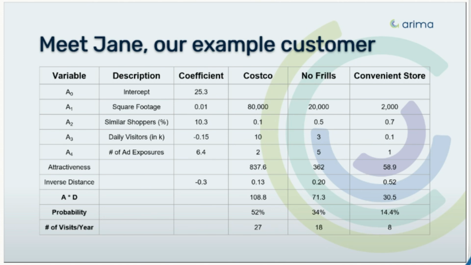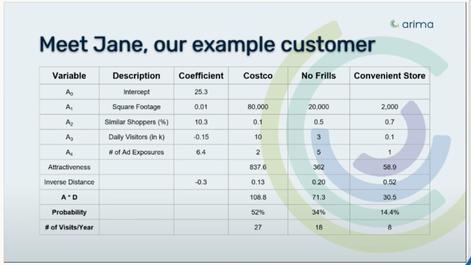Now, I'm only using 4 factors here. In reality, some of the models we built have 50 or 60 different parameters, but this is just a toy example to show you how the model works. Once these parameters are calculated, we can now take the 3 stores we have and plug in the numbers we know. So square footage, it's a simple matter of looking up these stores and figuring out how big they are.